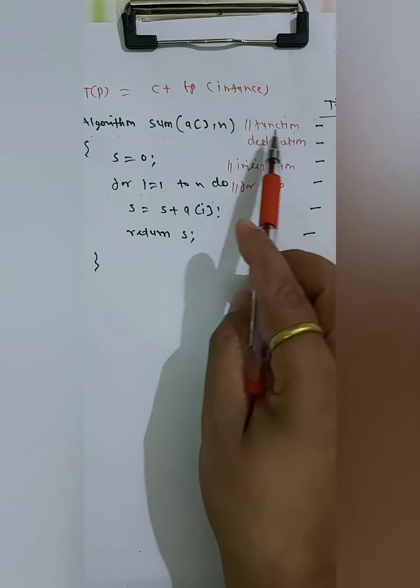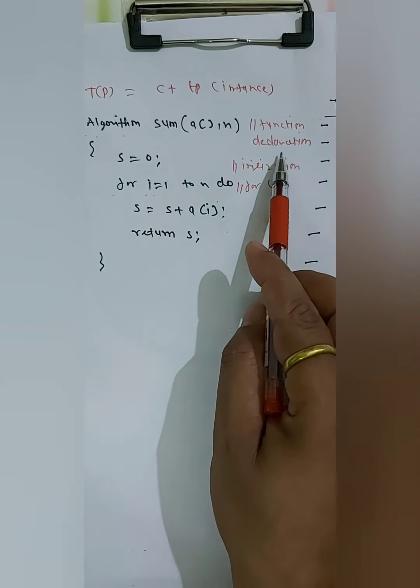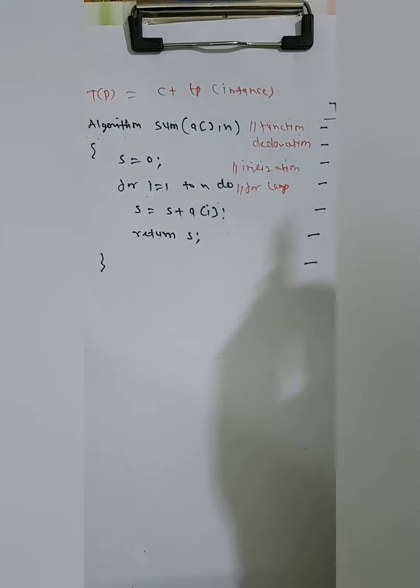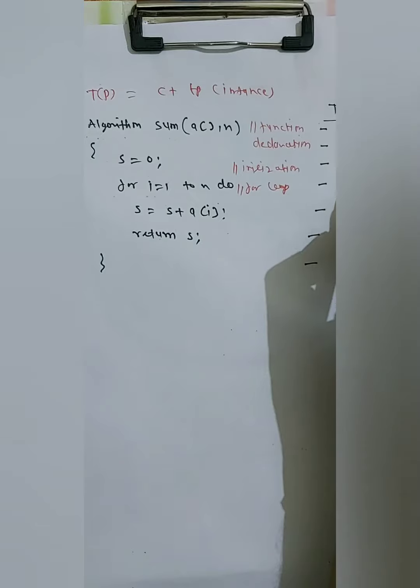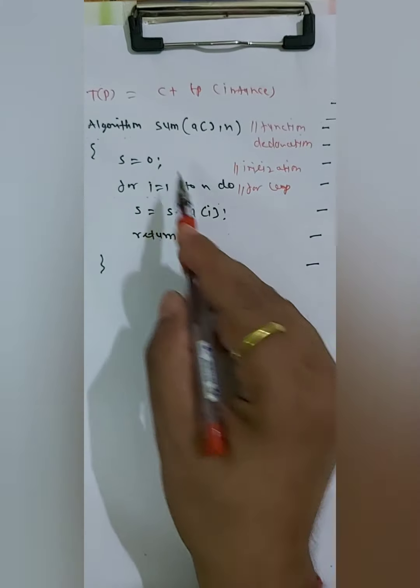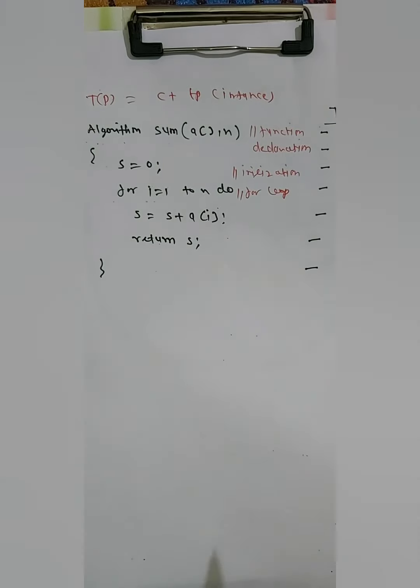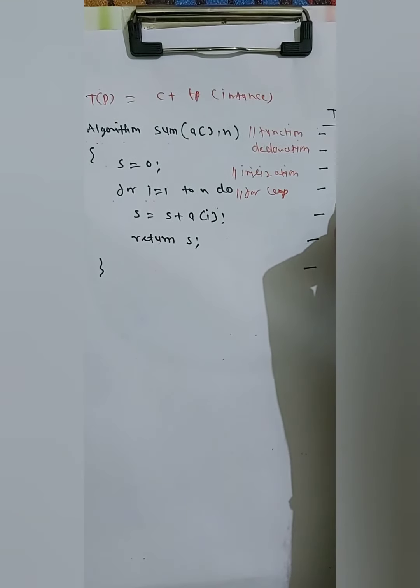This is a function declaration, it will take default time, so it will take 0 time, and the curly bracket is 0 time. Now s equal to 0: in the whole program the variable s is initialized a single time, so we will take 1.